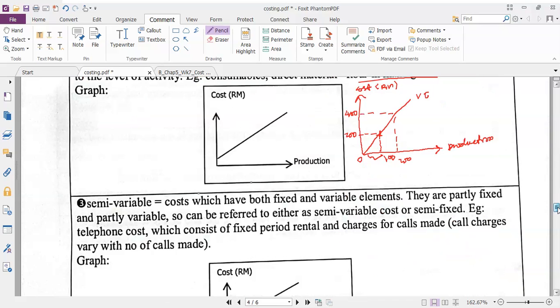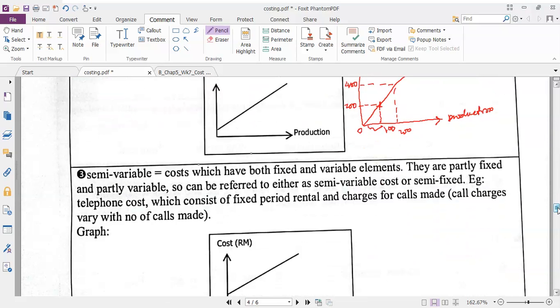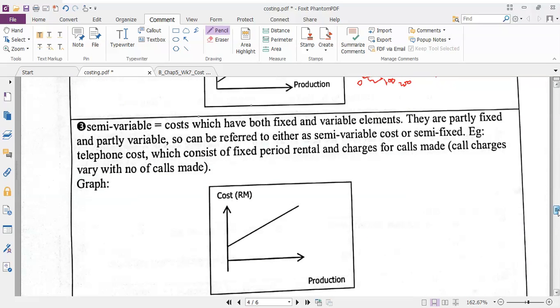Okay, let's look at the third behavior, that is semi-variable. Semi-variable, dia ada dua. Ni x-axis dan y-axis kan. Yang pertama dia ada variable cost punya garisan. Yang kedua dia ada fixed cost punya garisan.